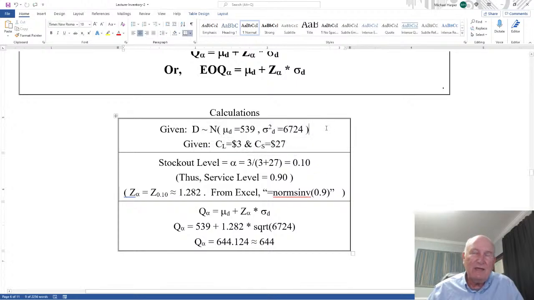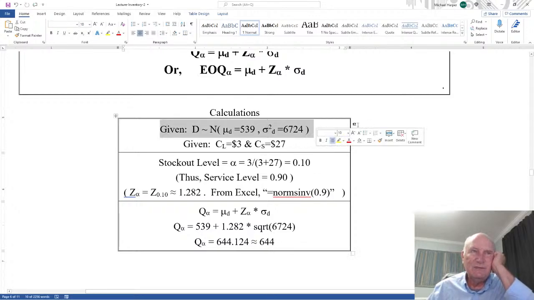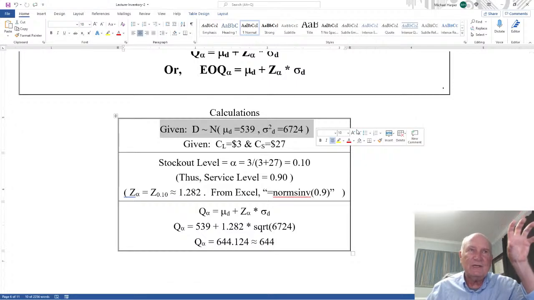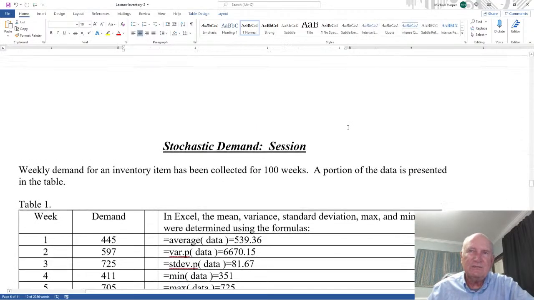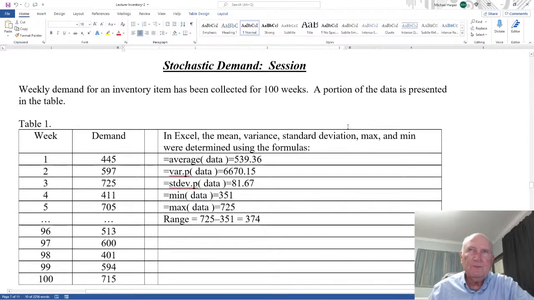How do you get these values from your distribution? We're assuming that we have this. When we start measuring from our data, how do we come up with the mean and variance and standard deviation? That's what this session is about. For example, and I do it a number of ways, and I'll show you how to do it in the homework.